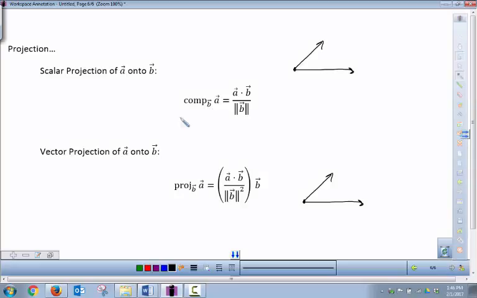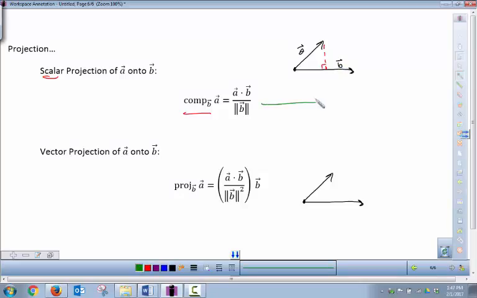The component projection gives you the component, which is really the length. That's a scalar projection. It gives you the length of the projection. So the whole idea behind a projection is that if you're projecting A onto B, then the projection is like shining a flashlight on top of vector A and seeing what the shadow is on B perpendicularly.